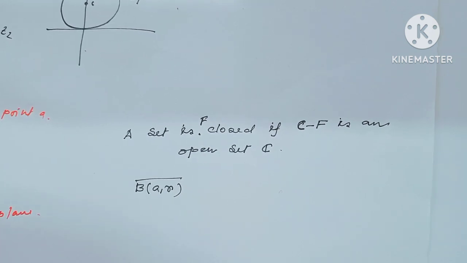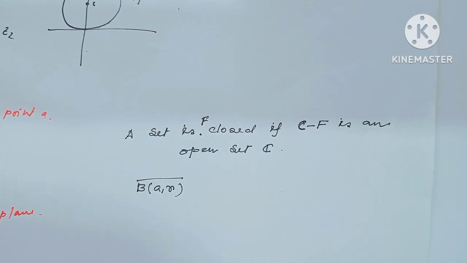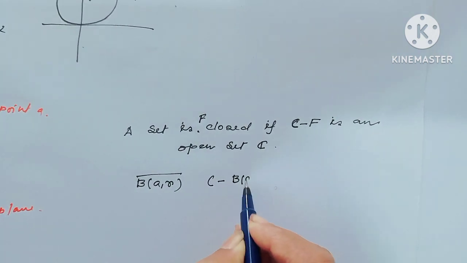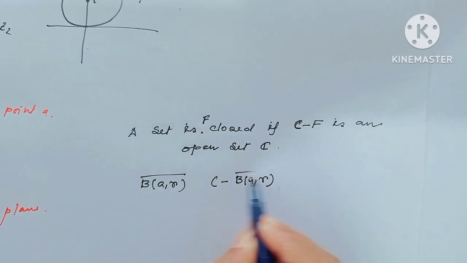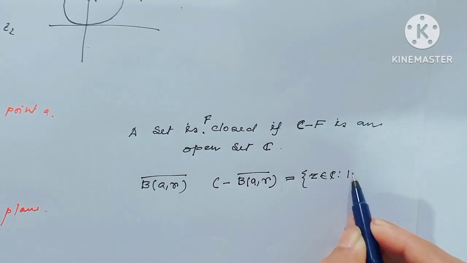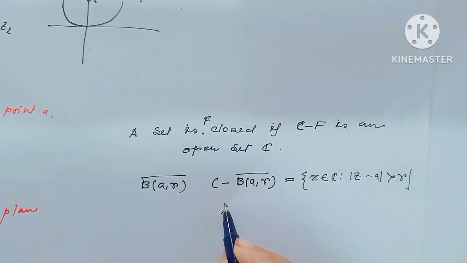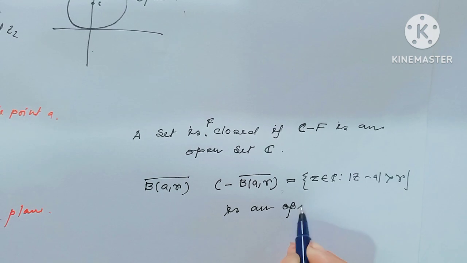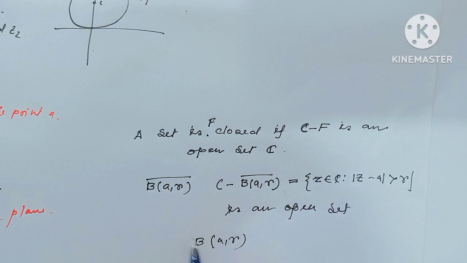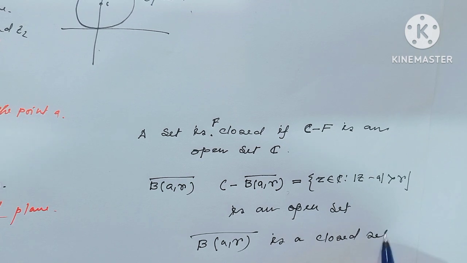I have introduced this as a review. Now the closure of B(A, R) is obviously a closed set, because C minus the closure of B(A, R) equals the set of Z in C such that the modulus of Z minus A is strictly greater than R. Obviously this is an open set. So the closure of B(A, R) is a closed set. I hope all my viewers have understood this.